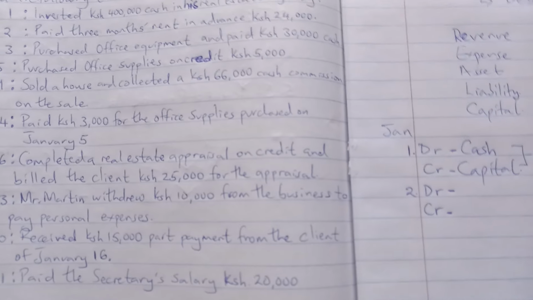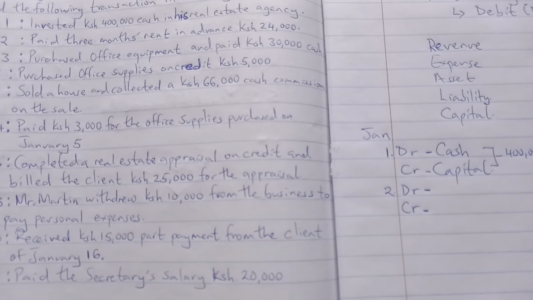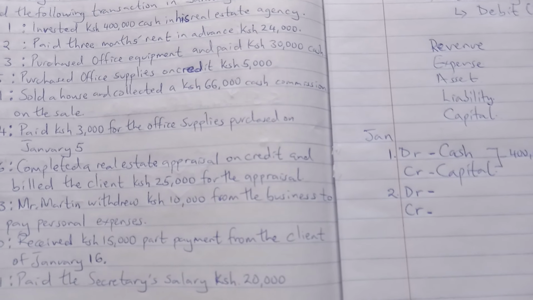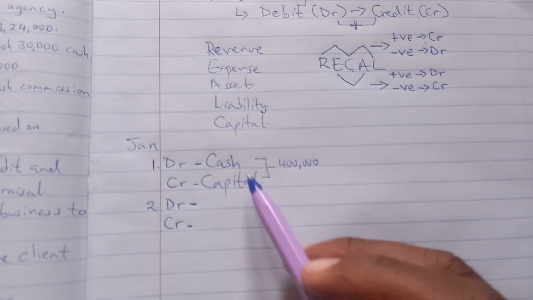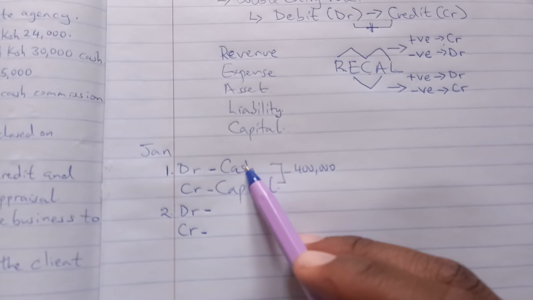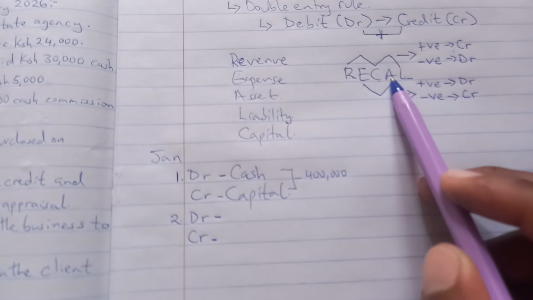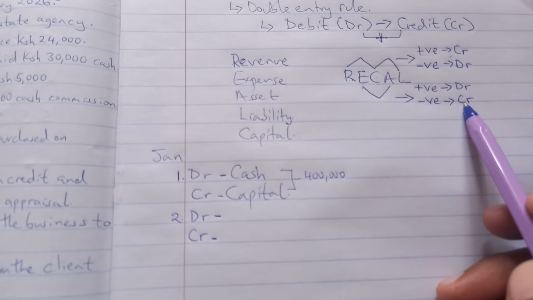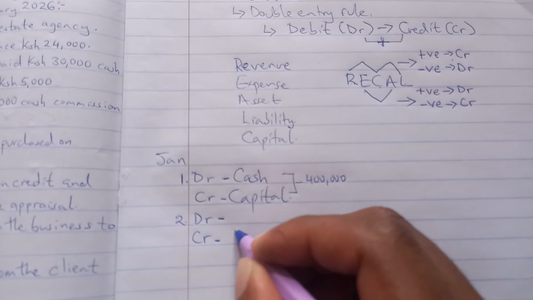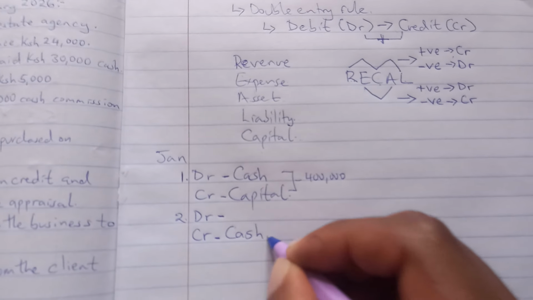So let us just start with what we know. We are making payment with our cash. It means that the cash which we had is decreasing, and cash is an asset. So the moment an asset is decreasing, what do we do? We credit. So let us credit cash.